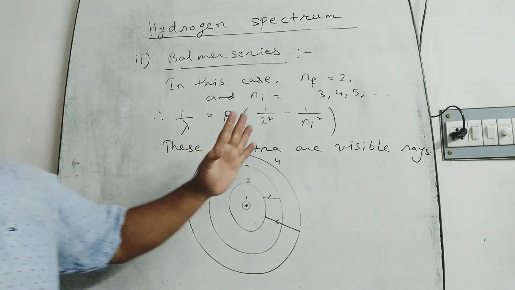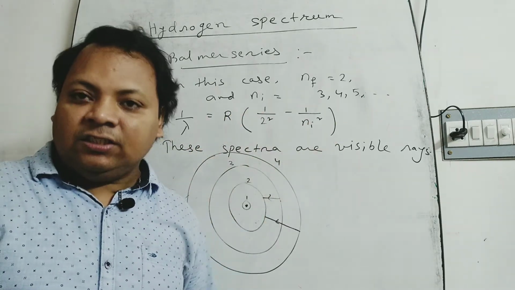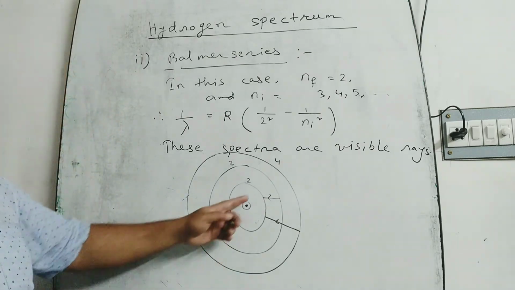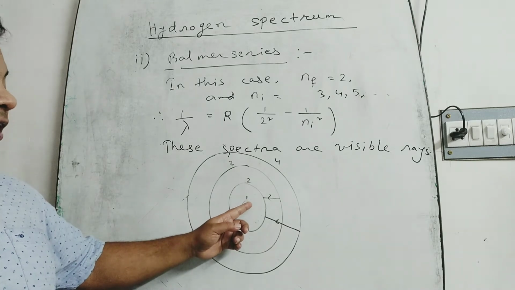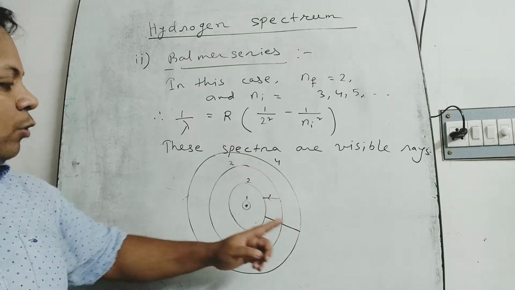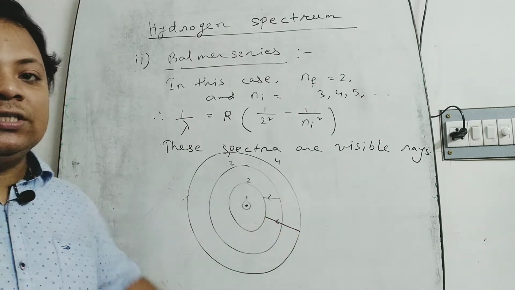These spectra are visible rays. That is, here this is the nucleus, this is the first orbit, and the electron jumps from the third to second, or fourth to second, or fifth to second, etc.